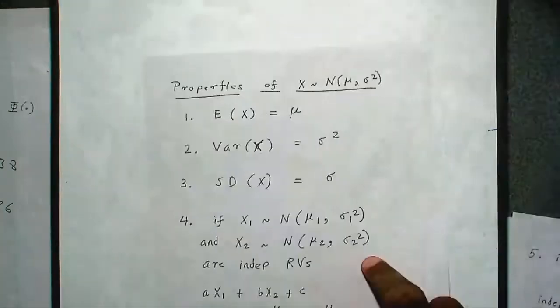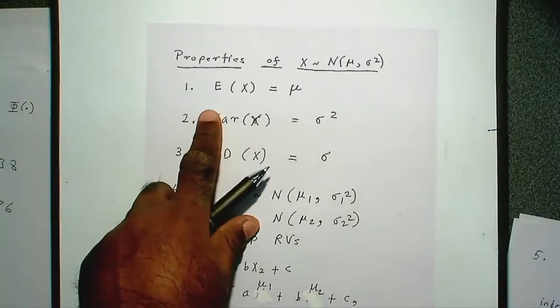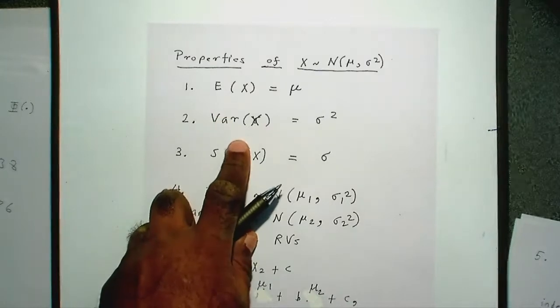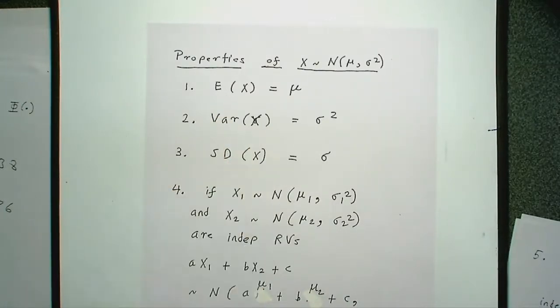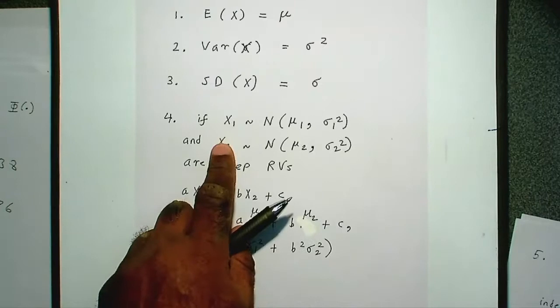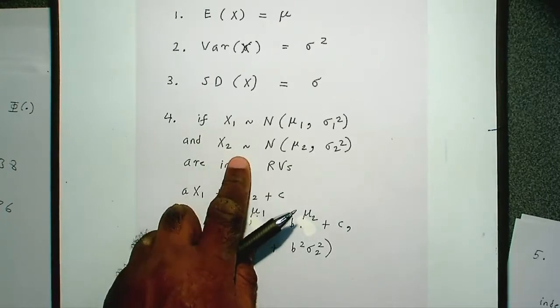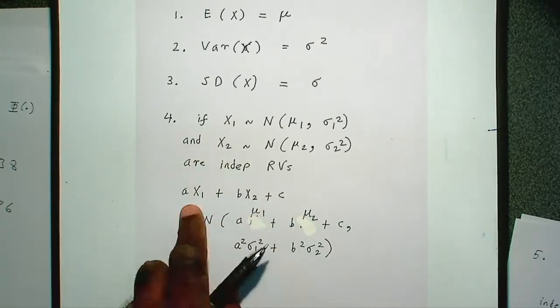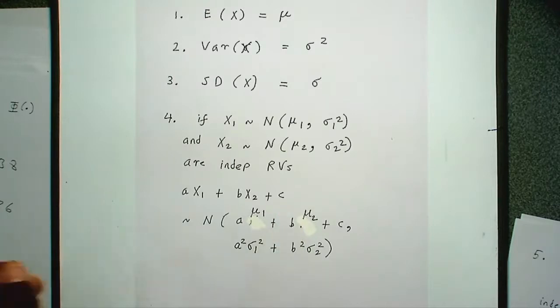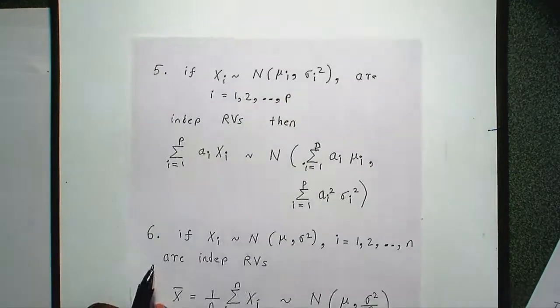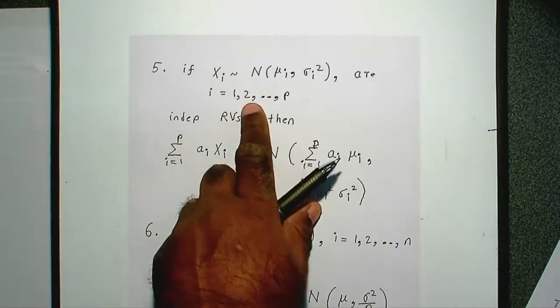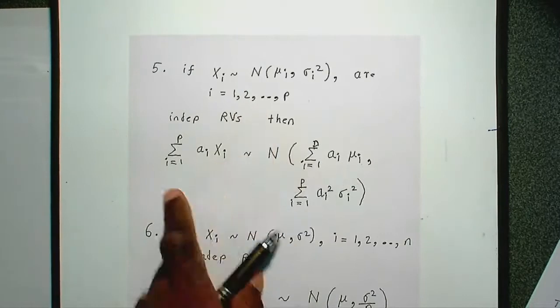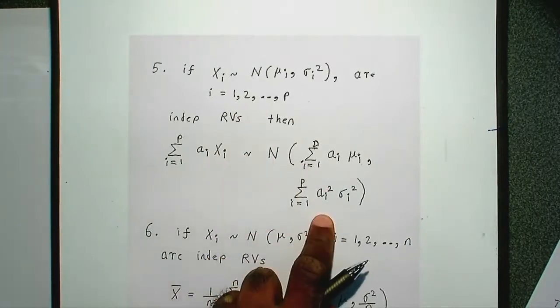Then I gave you certain properties of the normal variable. The first is the expectation is mu, the variance is sigma squared, the standard deviation is sigma. The linear combination of any 2 independent normal variables is also normal. Here A, B, and C are constants. They can be any constants. The next property is this one: if you have n independent normal variables, then their linear combination is also a normal variable.